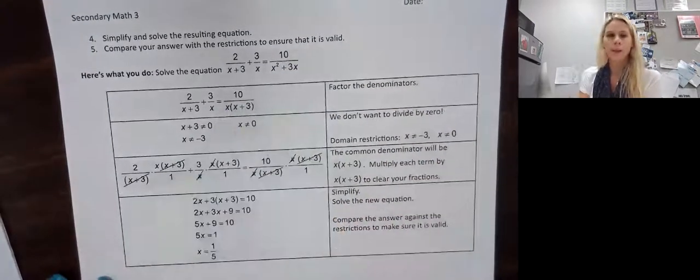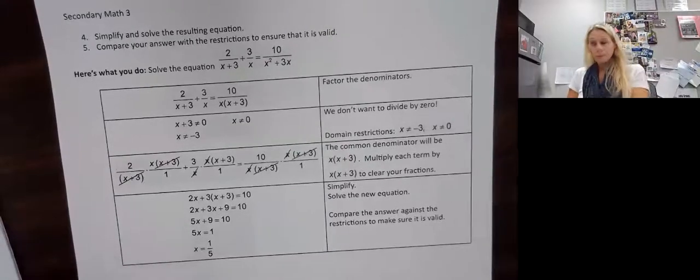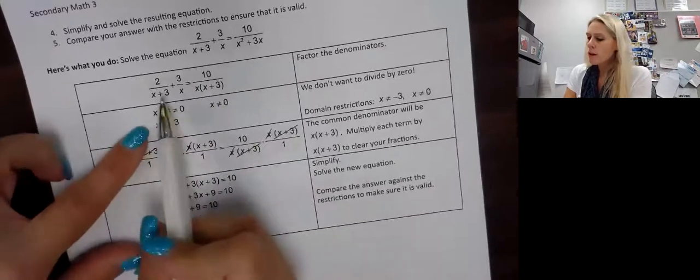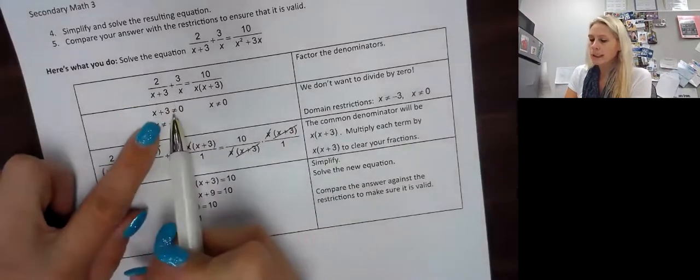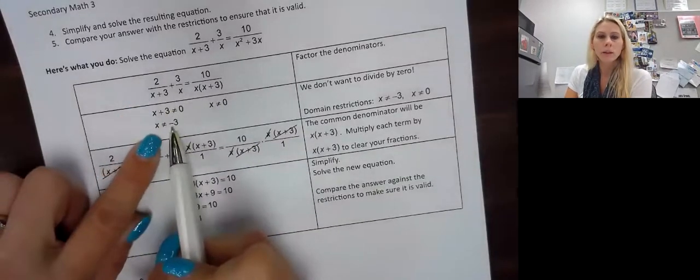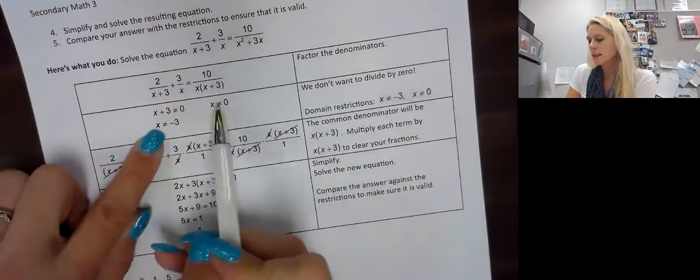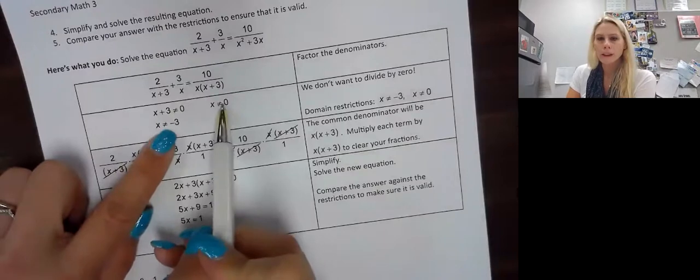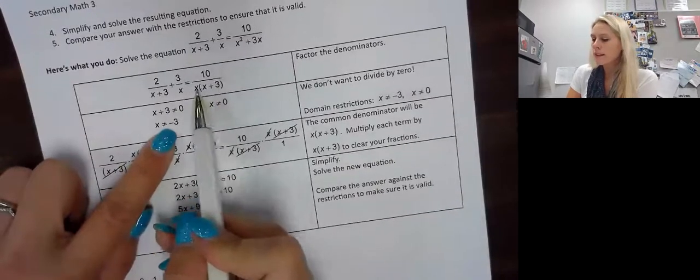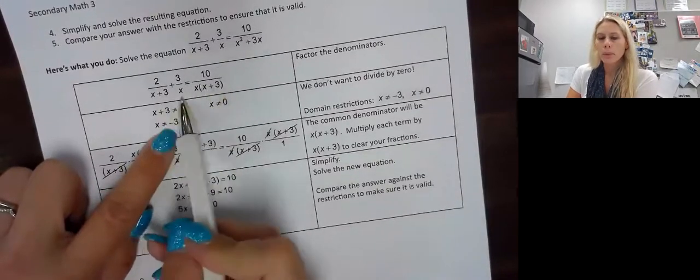So right there. Now I notice that my next step is my domain restrictions. So first of all, I have this x plus 3. I'm going to set it not equal to 0 and solve. And then I also have this x, and x can't be 0. So I have two domain restrictions here. Now I don't have to worry about this because I've already considered each part over here.